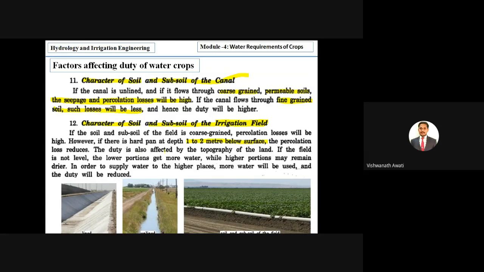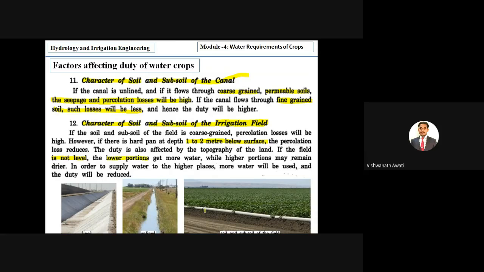The duty is also affected by the topography of the land. If the field is not level, in order to supply water to the higher places, more water will be used and duty will be reduced. Here topography also matters. If the agriculture land is not leveled, the lower portion gets more water.